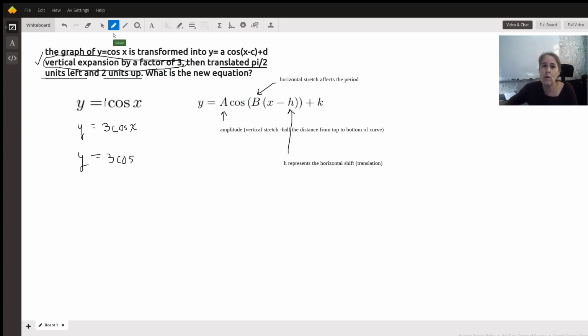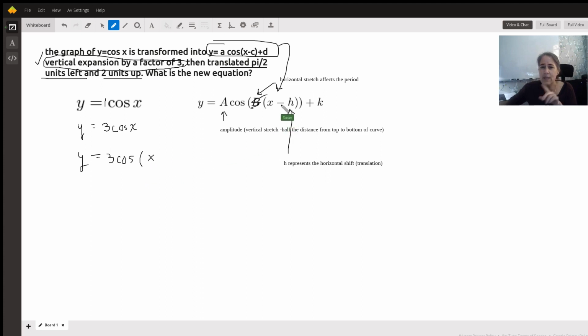So we can ignore B and just think of your problem as x minus h. That's why this problem looks like mine, but it's missing the B, or the B is 1. There's no stretch there. But there is a horizontal translation, so it's left pi over 2.